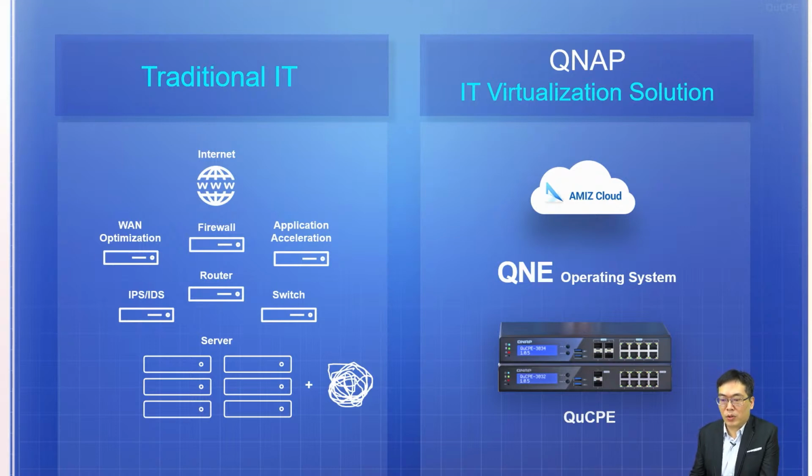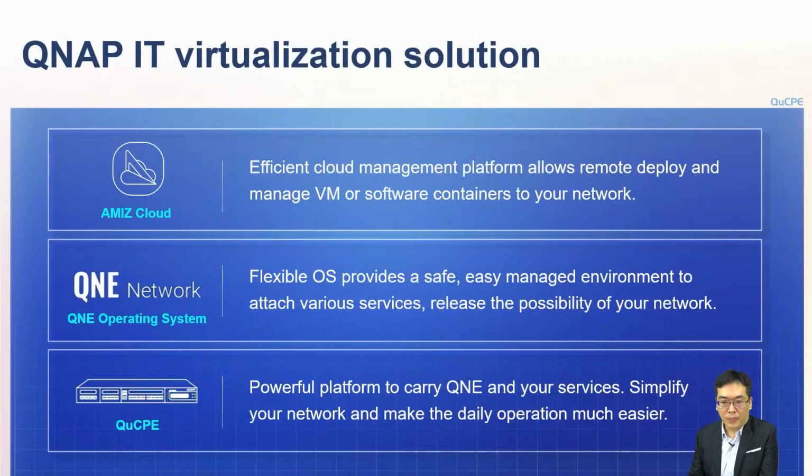It will be much more complex and messy. But with everything virtualized, all you need is Amit Cloud, QNE operation system, and the QCP as well to make everything work. What is the Amit Cloud, what is the QNE, and what's the QCP?